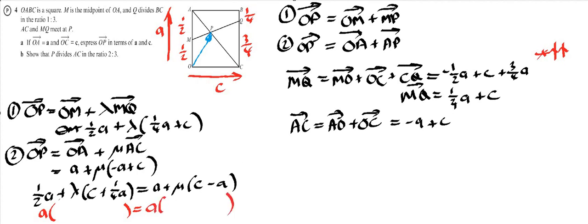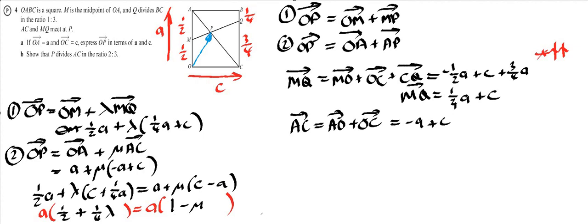So on one side I've got A times a half plus a quarter lambda. On the other side, I've got an A, and then mu times negative A, so that's A times 1 minus mu.